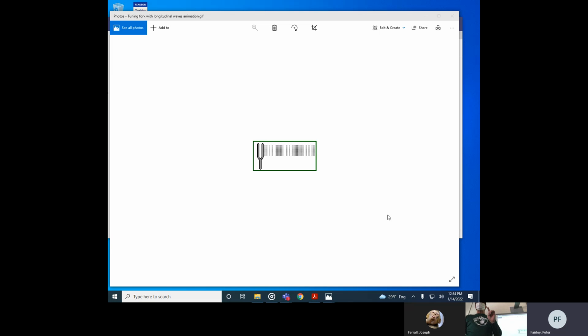Next, I want you to notice when the fork stops vibrating. There's a moment right now and right now when it's not vibrating, right? And I want you to look at the air molecules when it's not vibrating. You see they're all evenly spread across the animation?